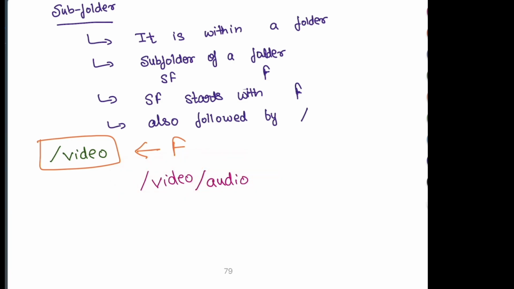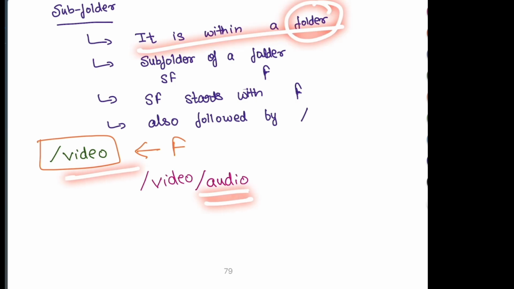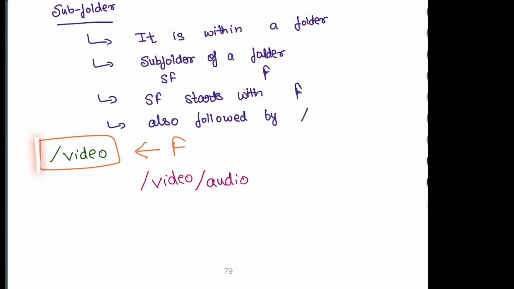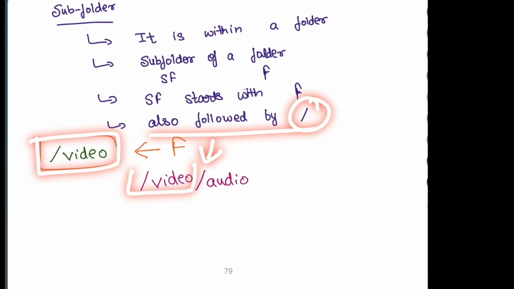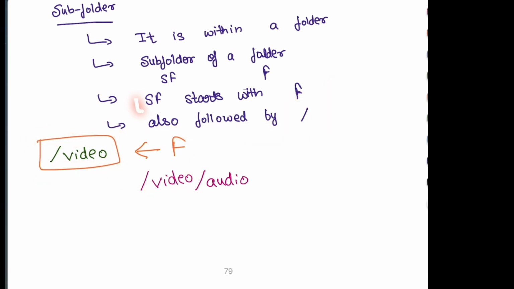So we can say this particular folder is a subfolder of video, and that is because, first of all, this audio is within the video folder. This path is a subfolder of a folder, and that folder is nothing but video. Then you will notice that the folder path slash video is followed by a forward slash. This is the condition: the subfolder will start with the folder and it will also be followed by a forward slash.